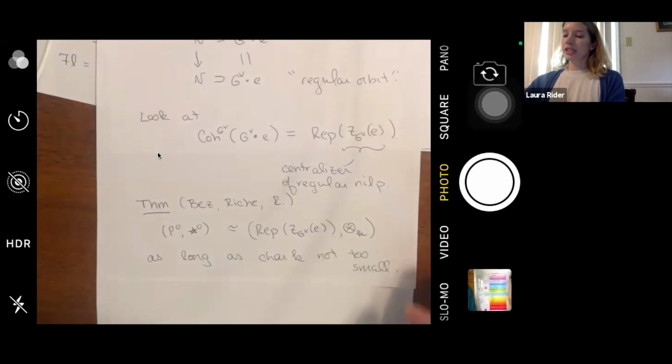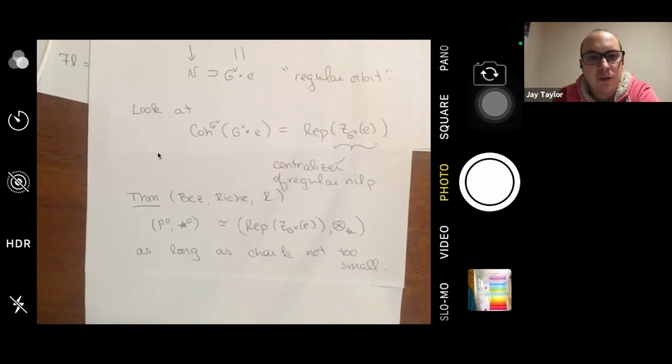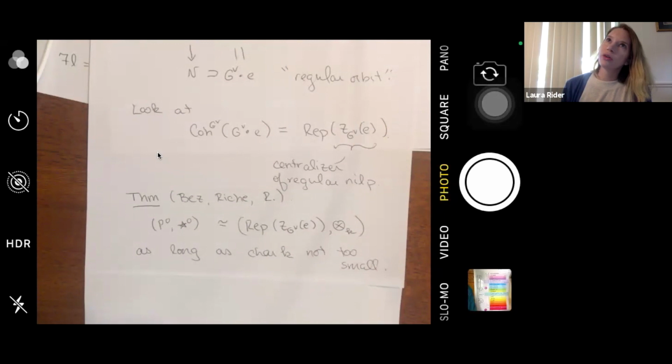Are there other questions? When you're looking at representations of the centralizer, you could restrict to the connected component, right? Do you know what goes on the side of the coherent sheaves? That would just be if you're looking at the center, I guess.